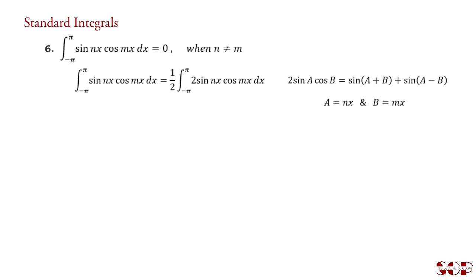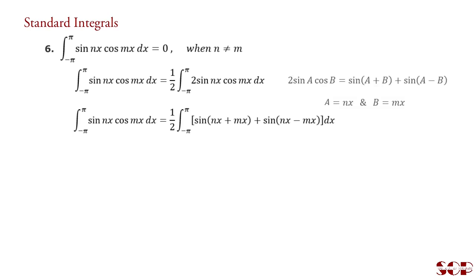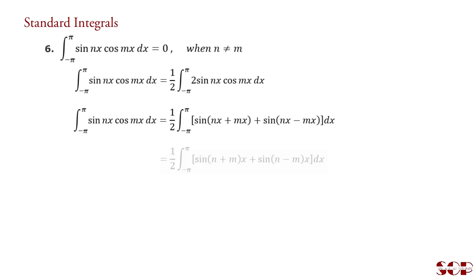Therefore, our integral equals 1 upon 2 integral from minus pi to pi of [sin(nx plus mx) plus sin(nx minus mx)] dx, which is equal to 1/2 integral from minus pi to pi of [sin(n plus m)x plus sin(n minus m)x] dx. Now, here we integrate these sine terms.